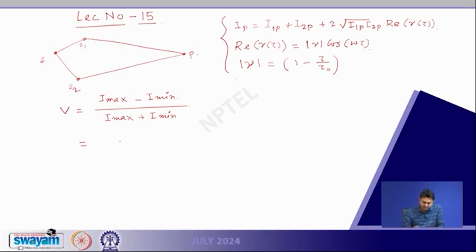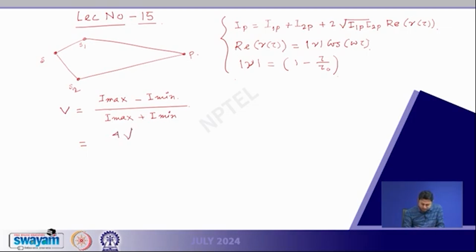So based on this, I can write I max minus I min, that means IP max minus IP min, and the maximum and minimum values are determined by this cos omega tau term. If cos omega tau is plus 1, that should be the maximum, and minus 1, that should be the minimum. If I put this together, then what I get is this.